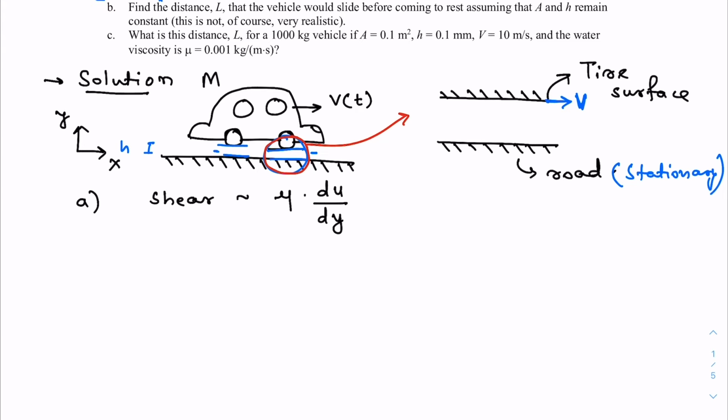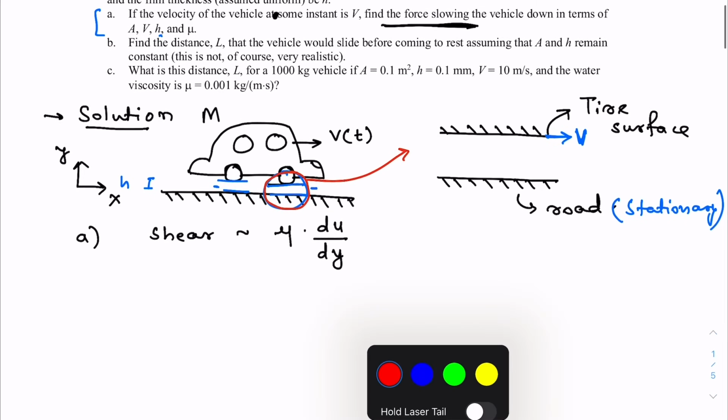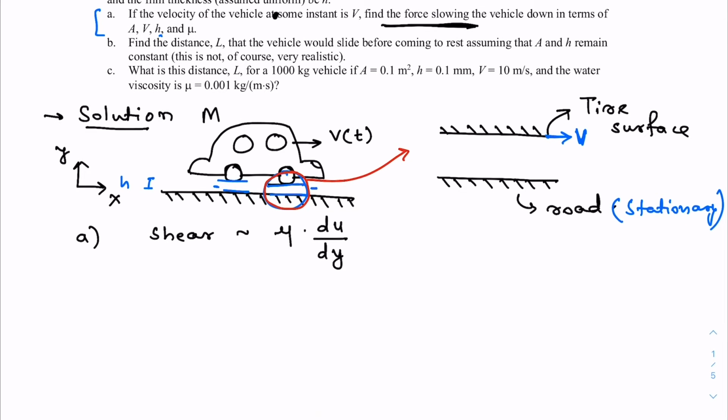From the no slip boundary condition, we know that the water near the tire surface will move with a velocity of v, while the water near the road will not move as the road is stationary.